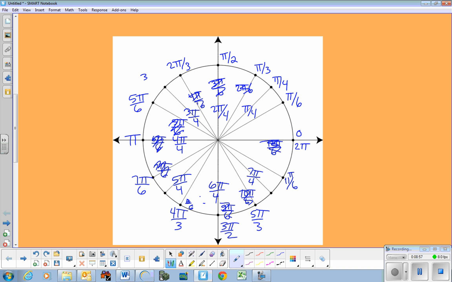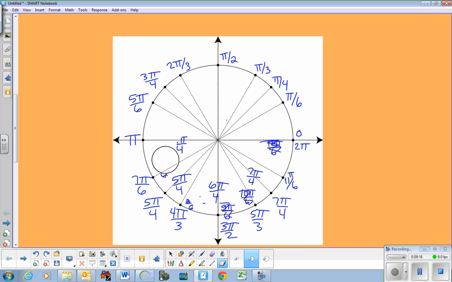My other spots, 3 pi over 4, I didn't even really need to write it and then simplify it because that's not going to simplify. 4 pi over 4 is pi. 5 pi over 4 just stays. And over here, 7 pi over 4 just stays. So all that junk in the middle is just my thought process, my counting and simplifying fractions to figure out that these are the radian names of all of the spots.